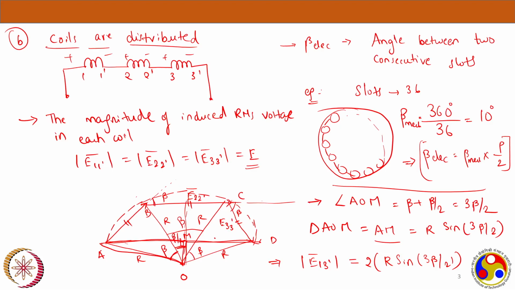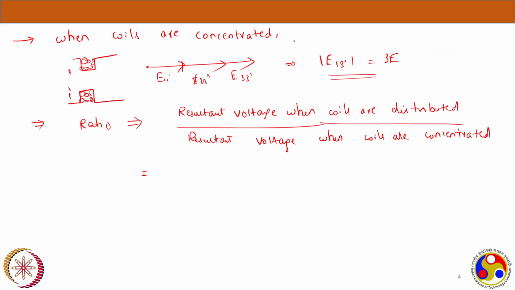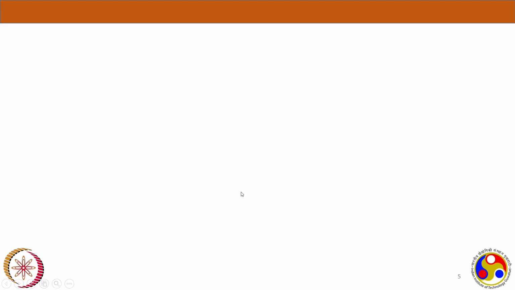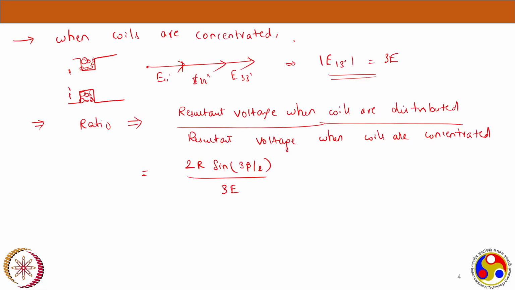In the previous slide it is 2r sine 3 beta by 2. And the denominator, the resultant voltage when coils are concentrated, is nothing but 3E, right? It's a direct algebraic sum.